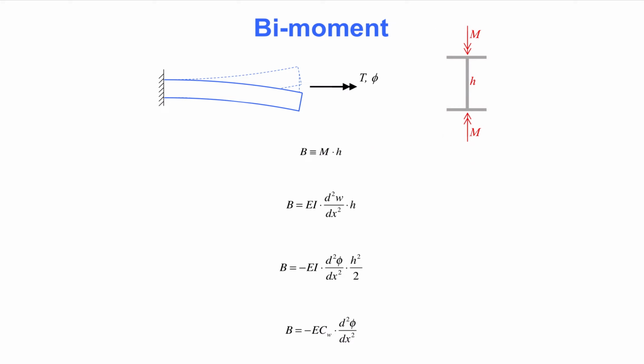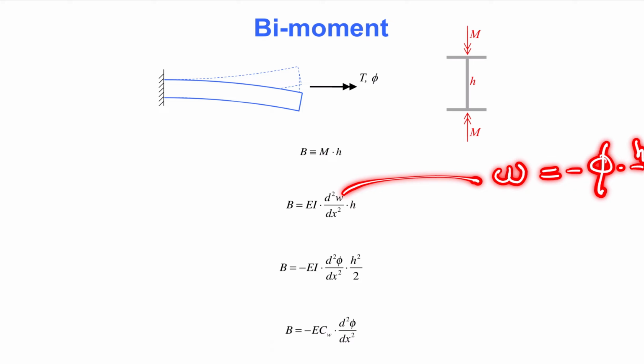Once the bi moment is defined in this manner, we can introduce the equation from Euler-Bernoulli beam theory that contains section integration, material law, and kinematic compatibility. That gives the expression for the bi moment shown here. Next, we introduce the expression for the displacement, W, in terms of the cross-section rotation, phi.